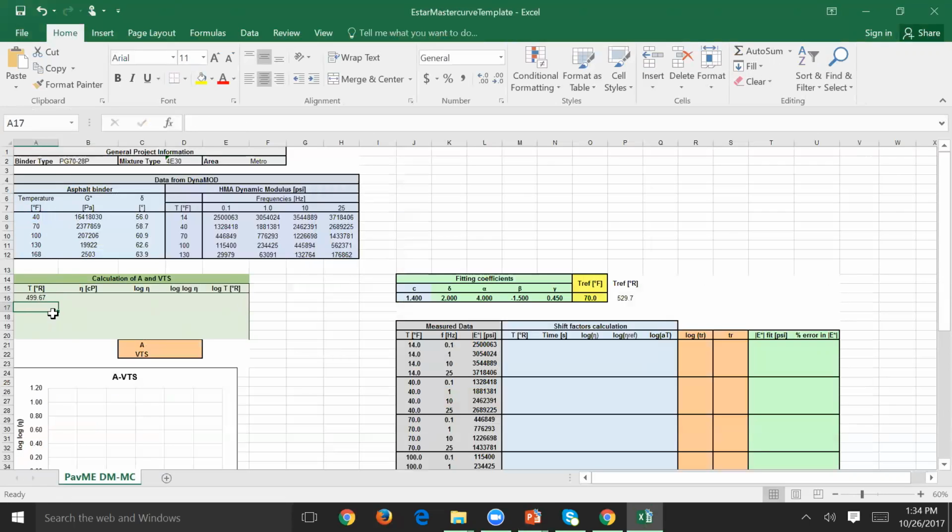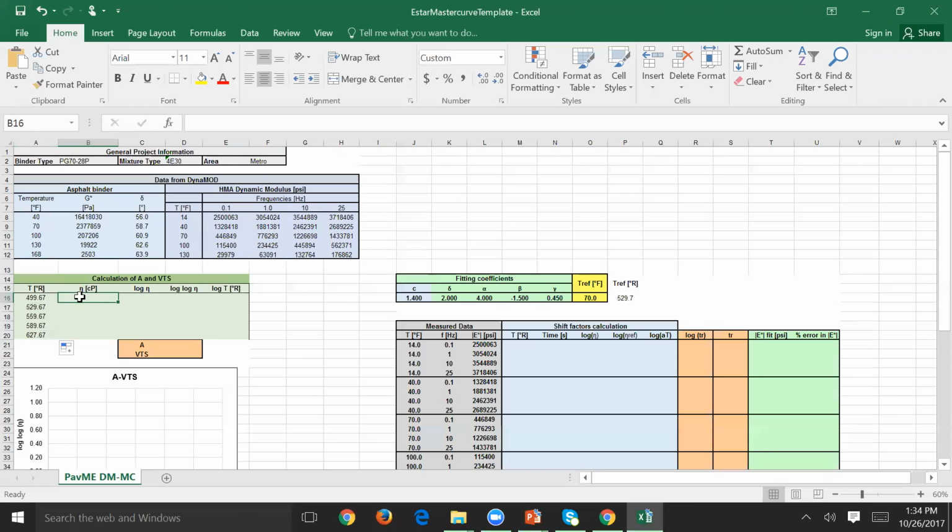Okay, so I got it here, 499.67. Let's drag this down to calculate for all. We have all the temperatures. Okay? You can stop me anytime. I'm not going to ask individually, just stop me if I go too fast.